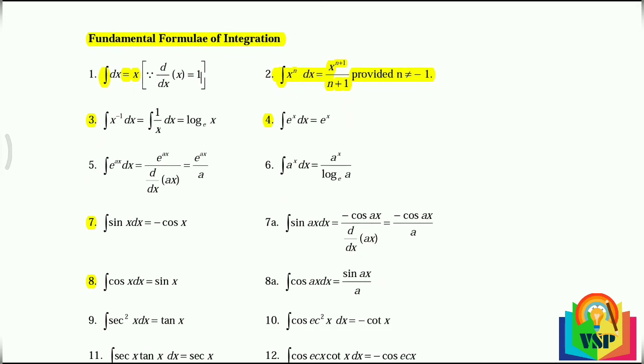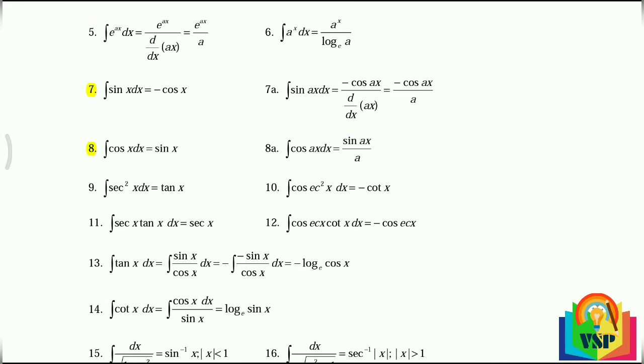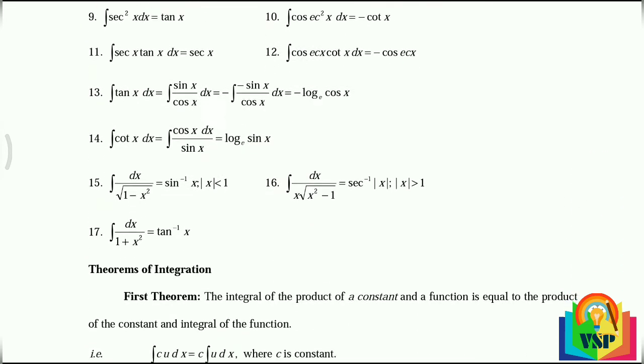Third one, integration of x power minus 1 dx is equal to log x base e. Fourth one, integration of e power x dx is equal to e power x. Seventh one, integration of sin x dx is equal to minus cos x. Eighth one, integration of cos x dx is equal to sin x.